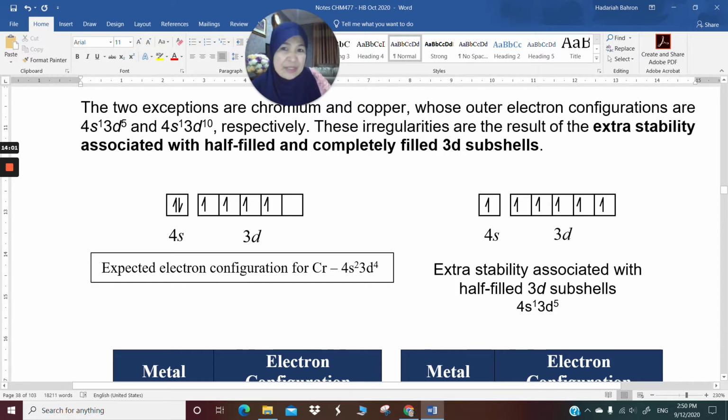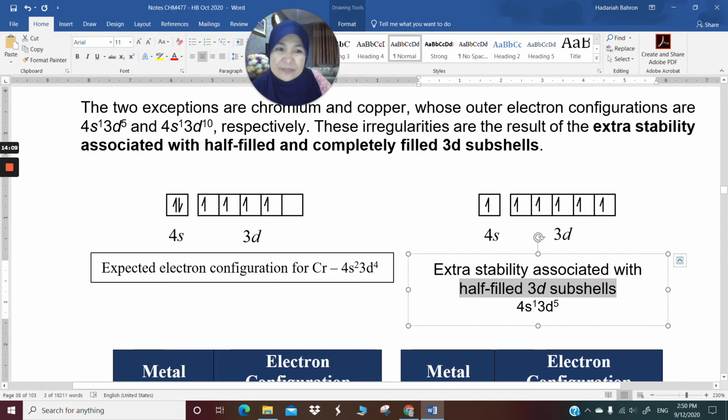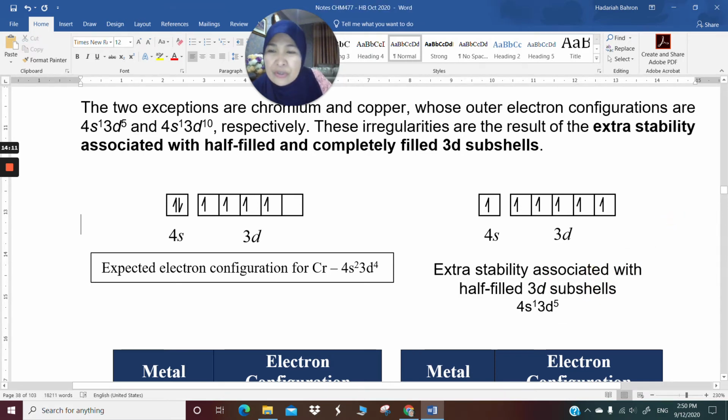And this arrangement offers extra stability because it has a half-filled 3d subshell. So that is why your chromium is 4s1 3d5 instead of 4s2 3d4.